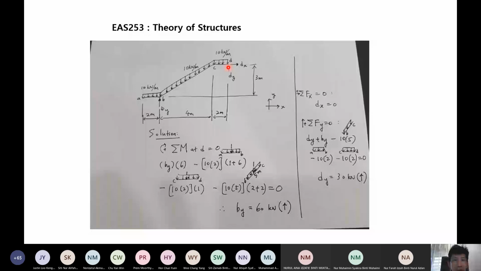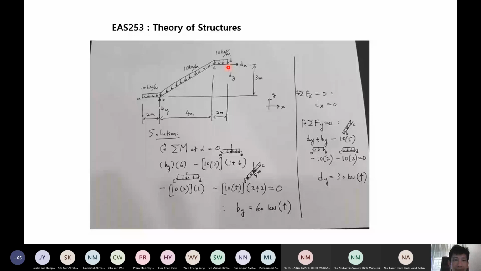So 1 plus 6. Next, the same thing for this part of the distributed load, UDL. This is again 10 multiplied with 2 to get the equivalent load, and then the perpendicular distance to D will be just 2 over 2 equal to 1.